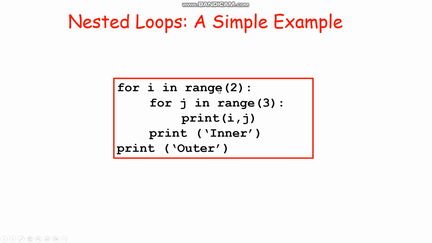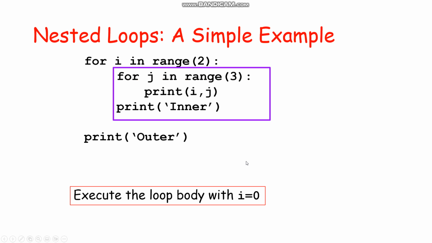Since we only did 1 iteration, we go back and get the second number in the sequence, assign it to i, and that will allow me to print 3 more times and also print inner 1 more time. If I come back here, I'm done with all numbers in the range function. So this will take me to the outside, and I will print outer 1 time only.